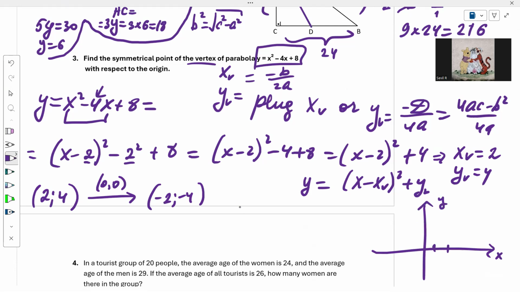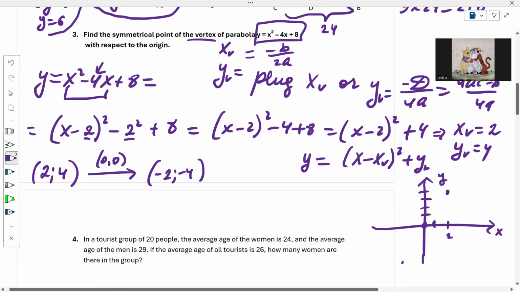When it's 2, 1, 2, and 1, 2, 3, 4, you want to find a symmetrical point, the mirror, like you assume the center is the O, and this is like mirroring it. Okay, so it will be here, as you see, it's 1, 2, 3, 4, negative 4, 1, 2, negative 2. Okay, so this is our final answer.